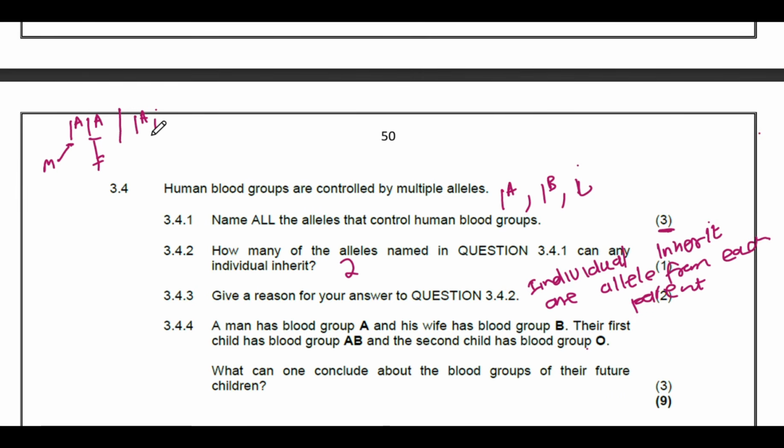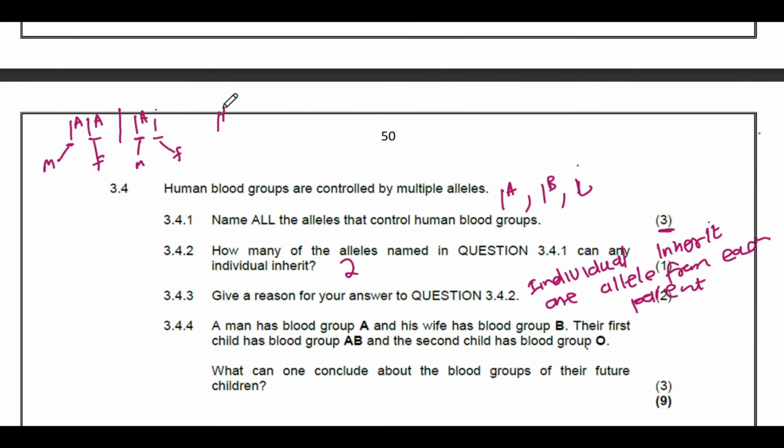If you are heterozygous blood group A, you could have inherited IA from the mother and i from the father. So you inherit one allele from each parent to determine your blood group. I hope that makes sense.